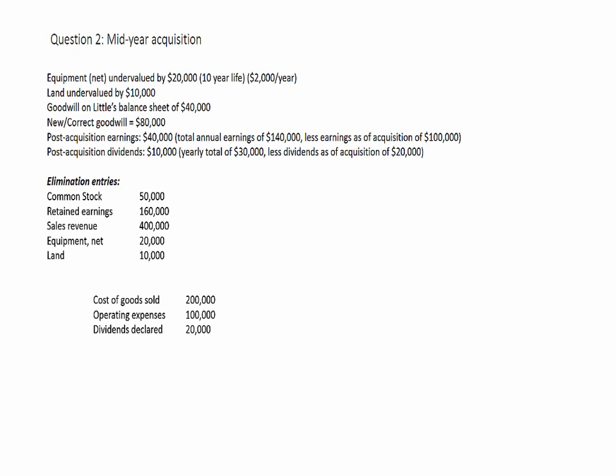We increase the value of the land. We remove Little's overvalued goodwill, and we're going to replace it with the goodwill that we computed as part of this transaction. That total of $400,000, we split 80-20 between the investment and the non-controlling interest.